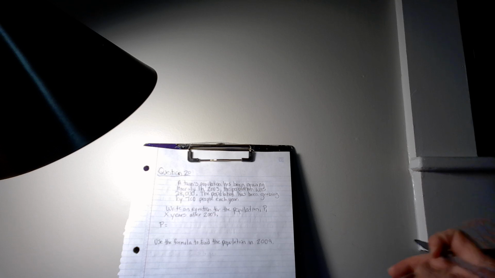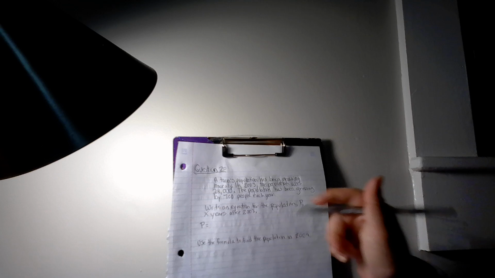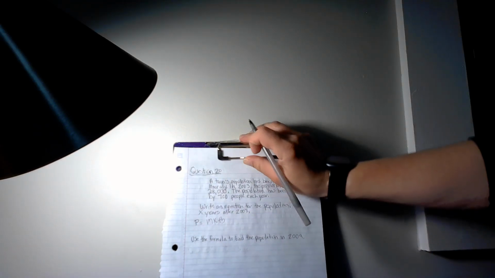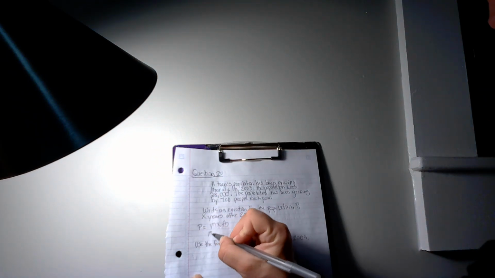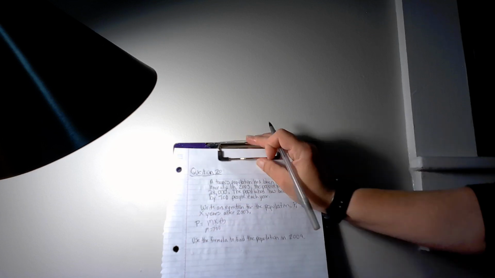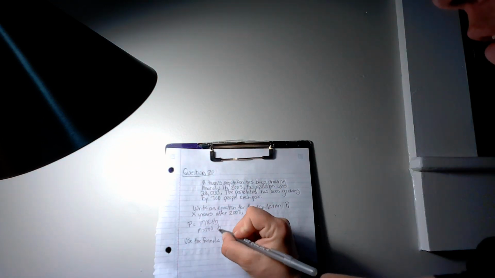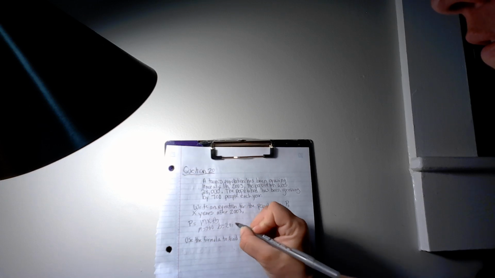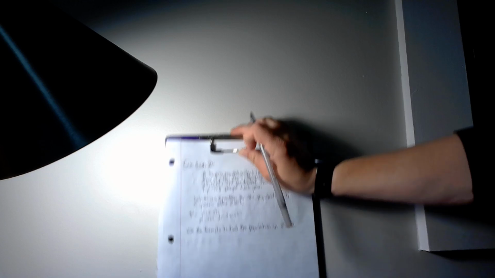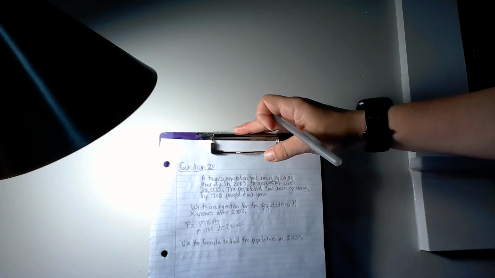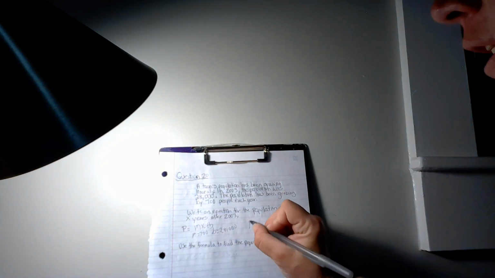So P would equal mx plus b. So that would mean m would equal 700, and b is 28,000. And so your equation would be P equals 700x plus 28,000.